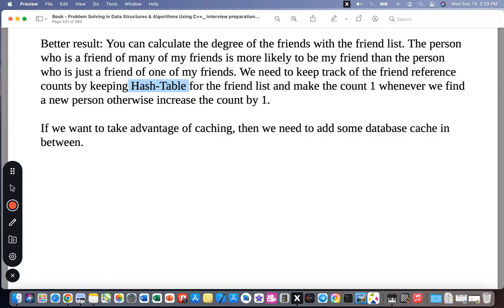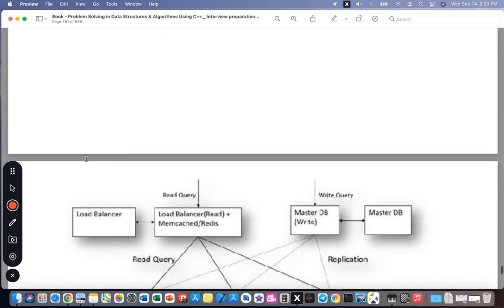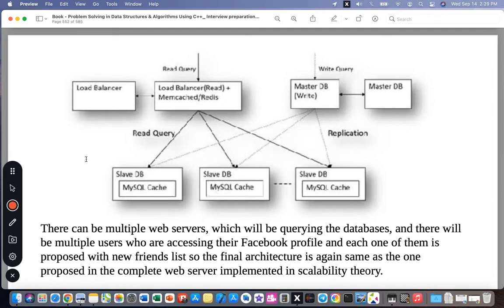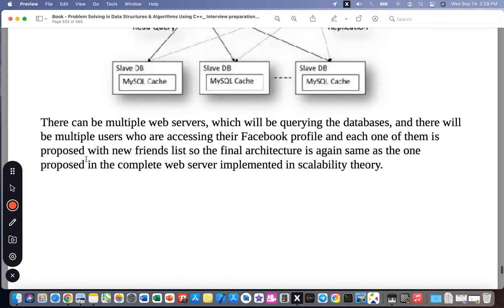If we want to take advantage of caching, then we need to add some database cache in between. And here we go. There can be multiple web servers which will be querying the database, and there will be multiple users accessing their Facebook profile, and each one of them is proposed a friend list.